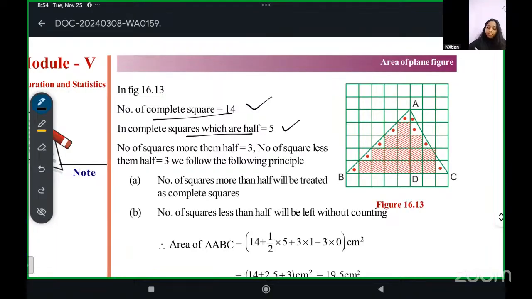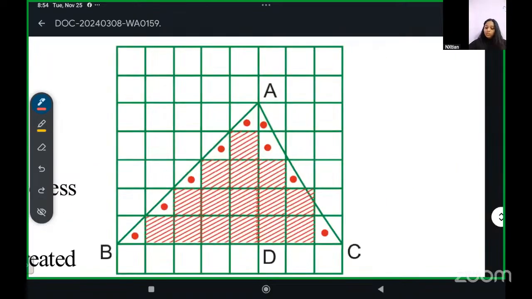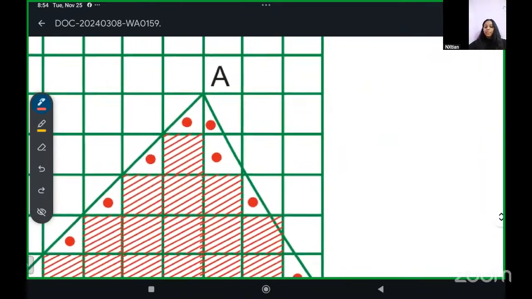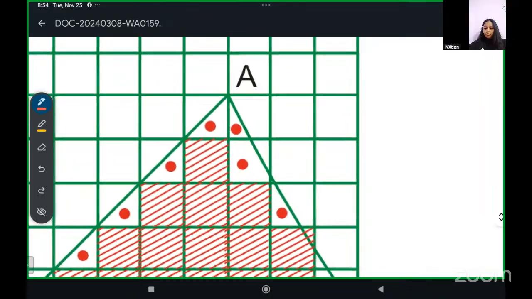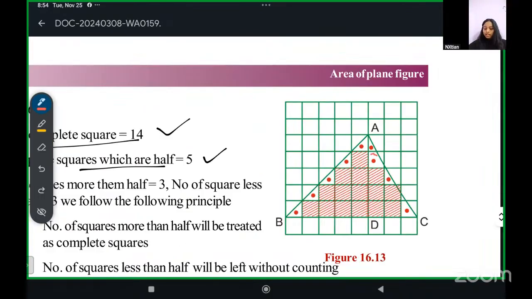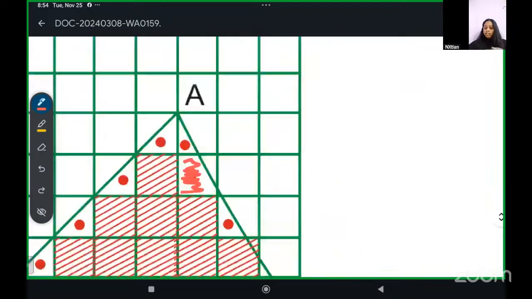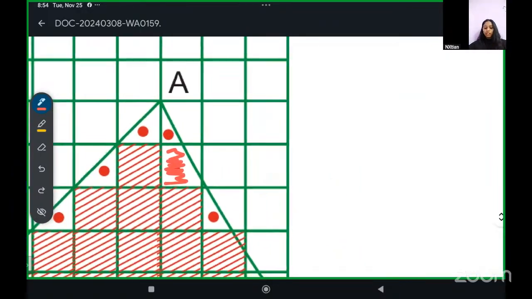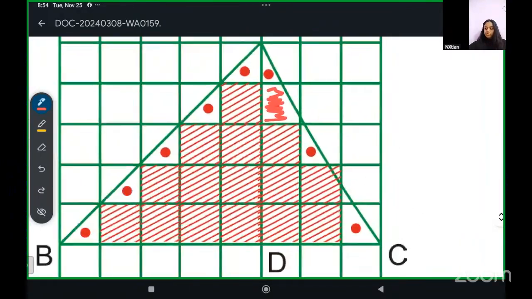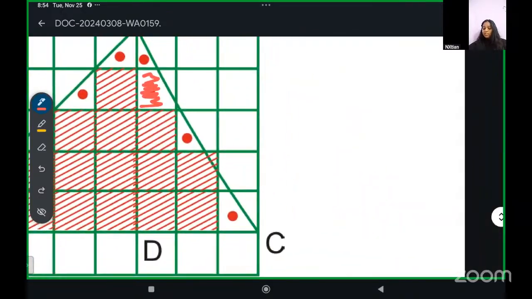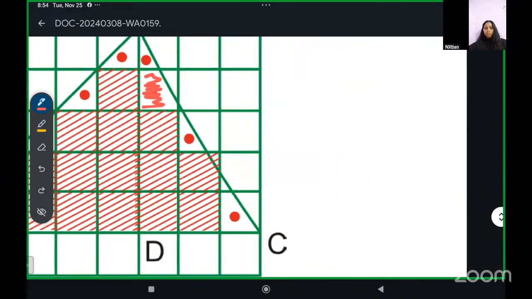But then also we have those which are more than half. See this one. This one is more than half. And this last one near the C is also more than half.